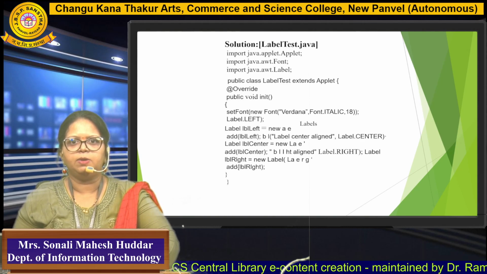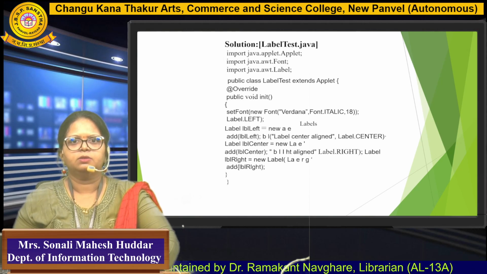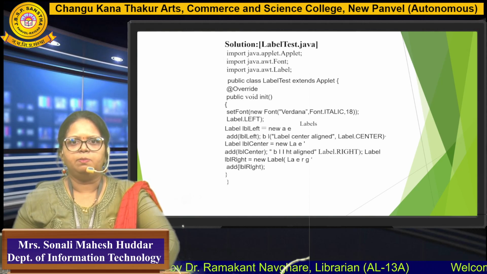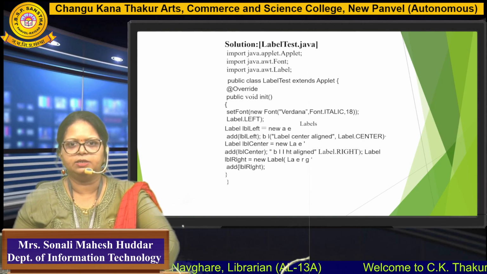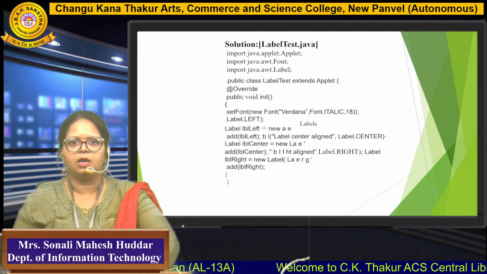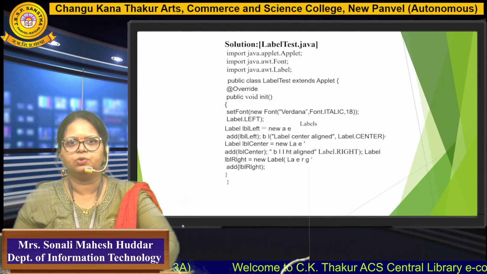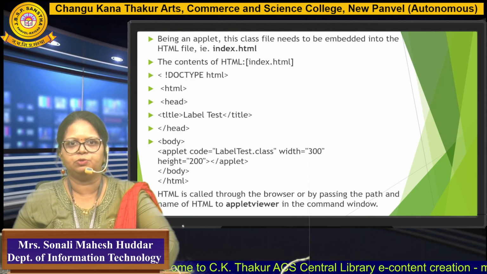So Label lblLeft is equal to new Label, add lblLeft, then Label lblCenter is equal to new Label, add lblCenter, Label lblRight is equal to new Label and add lblRight. In this way you are adding three labels: left, center and right position.